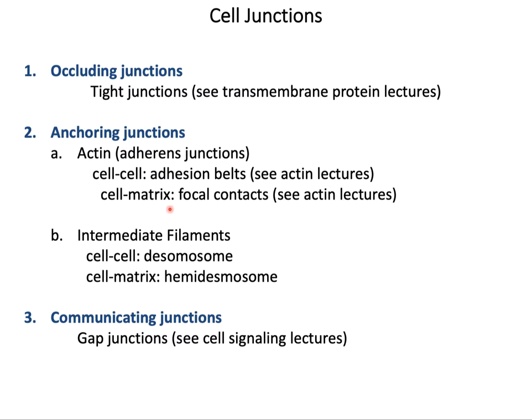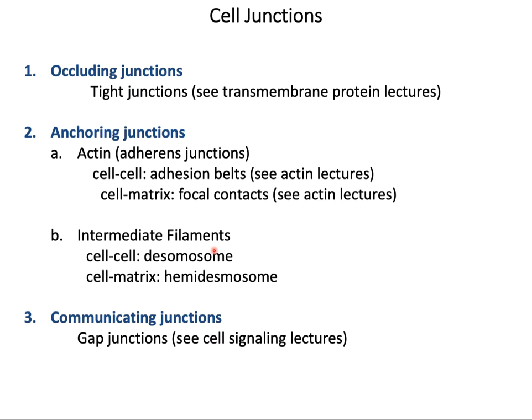Cells can interact with each other and at the same time utilize intermediate filaments, and these junctions are known as desmosomes. And cells can interact with the matrix and at the same time utilize intermediate filaments, and these types of junctions are called hemidesmosomes.